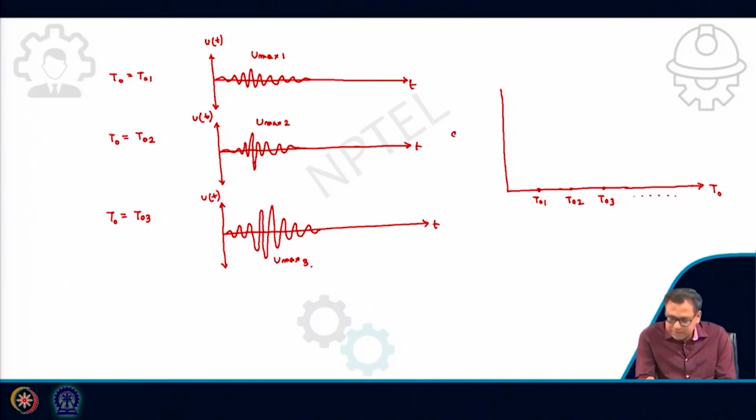Now this is my SD. So from T01, what is the maximum? This is my U max 1, say. This will be U max 2. This will be U max 3 that I will get from these responses. So this will be one point, this is another point, and this is another point.